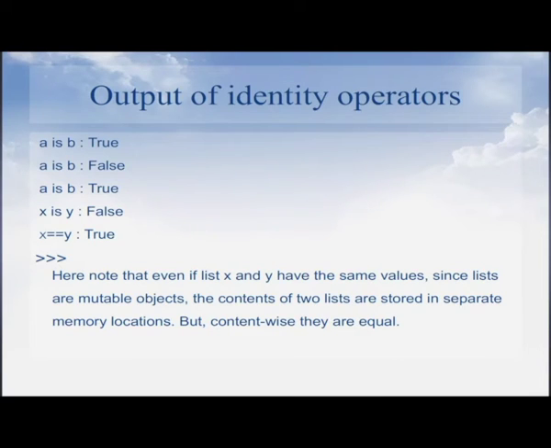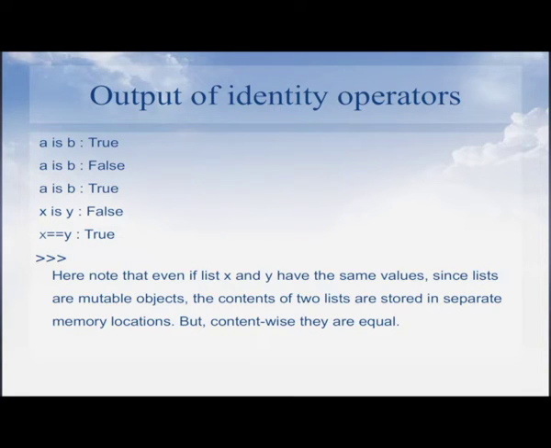Now see the result of using identity operators. So here, for the first A is B we got true, and for the second is we got false as the answer, and for the third one we got true. When we check is with the lists, they refer to different locations, so I have false as the answer.